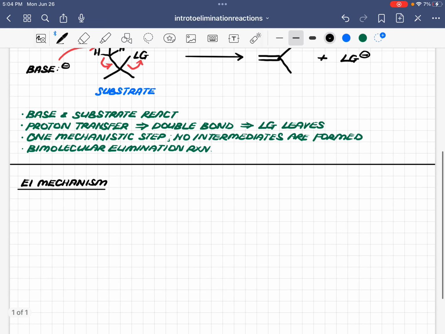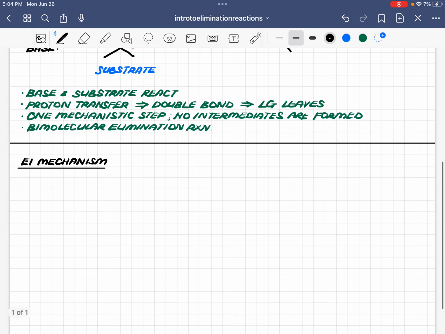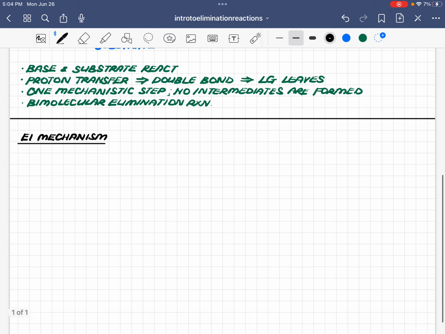In an E1 mechanism, there are two steps that are going to happen. So let me draw out a really basic example of an E1 mechanism.